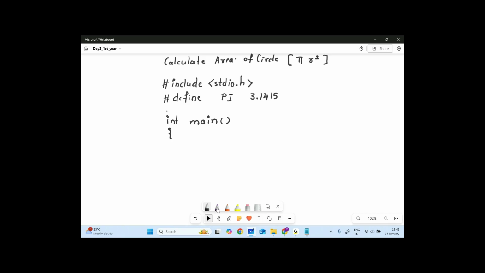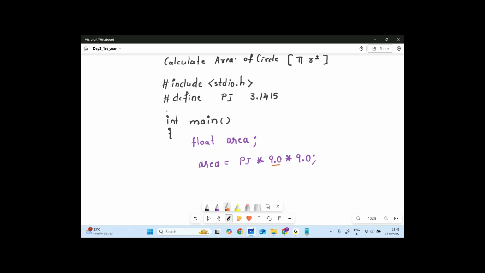It won't change. Now, if I want to calculate the area of a circle, I will take one variable as float. I'll declare a variable called area, and area is equal to pi multiplied by 9.0 multiplied by 9.0.